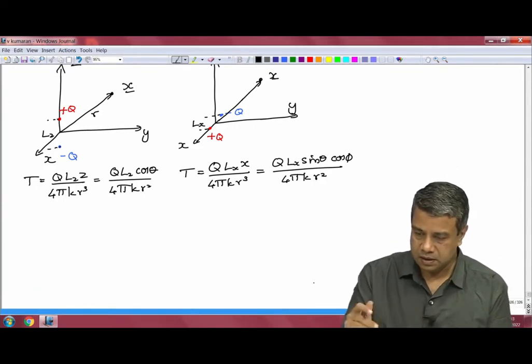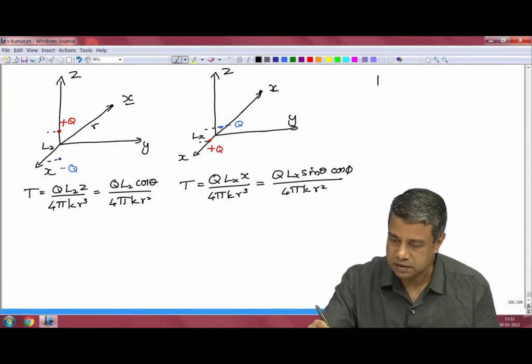And the other possible separation is in the y direction.